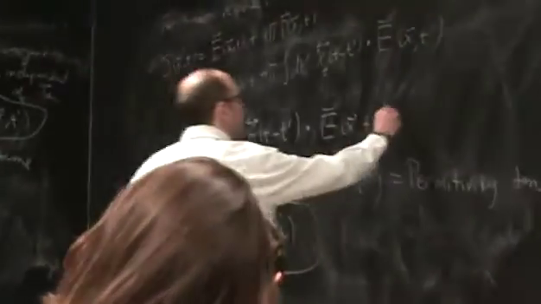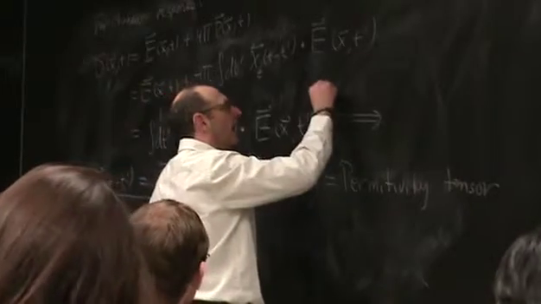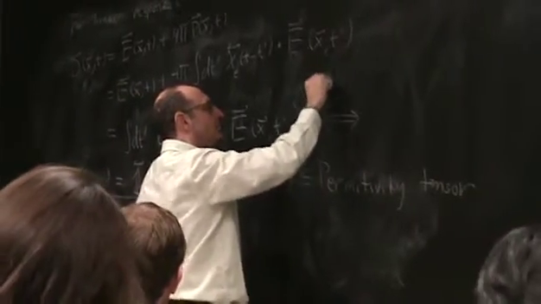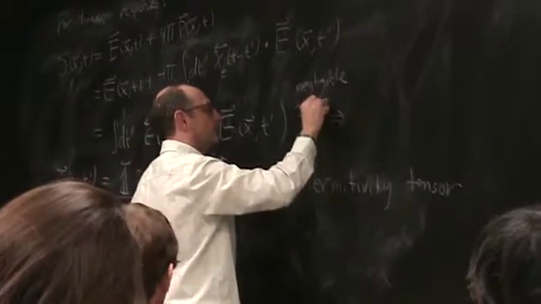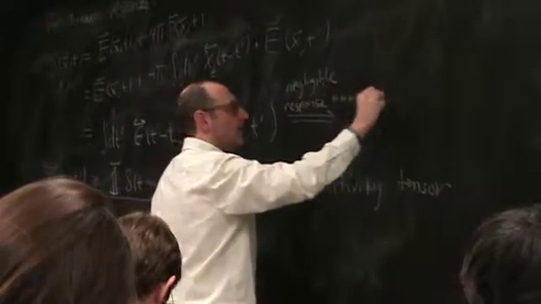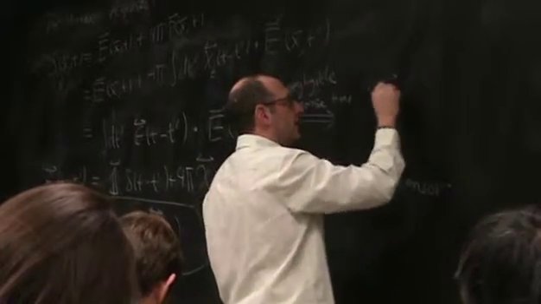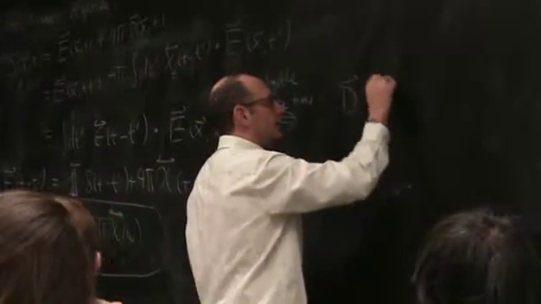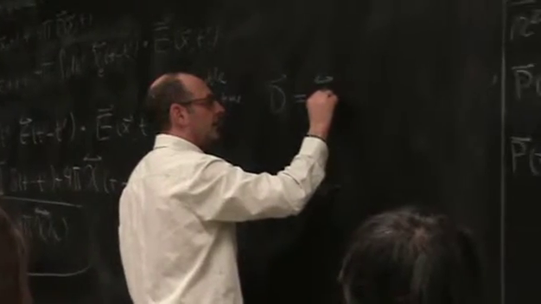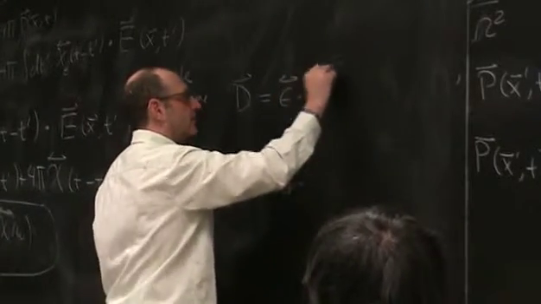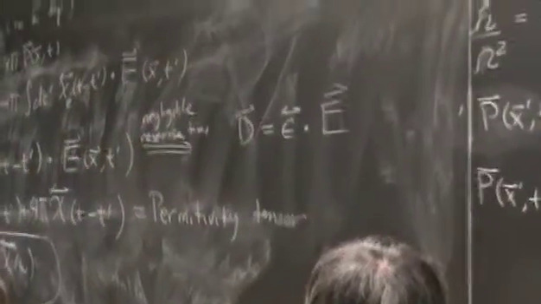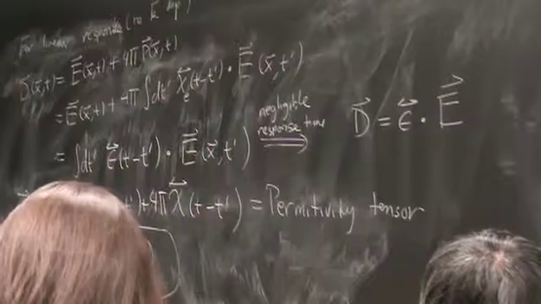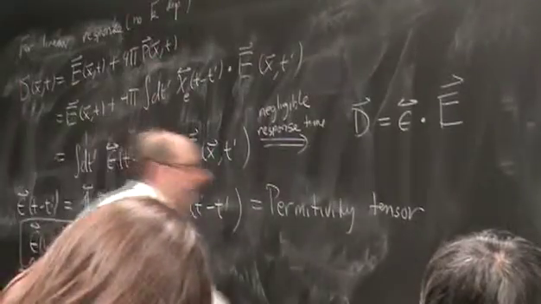All right, so for negligible response time, D is equal to epsilon dotted into E. I should say this in the time domain, let me write it more explicitly.